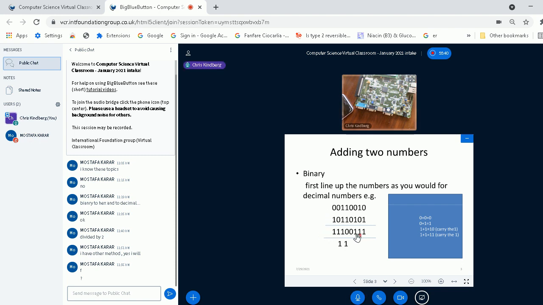Hopefully that's quite clear. Those are the sub-rules involving a carry bit. If you add 1 and 1, you get 1, 0: you carry the 1 and put a 0.